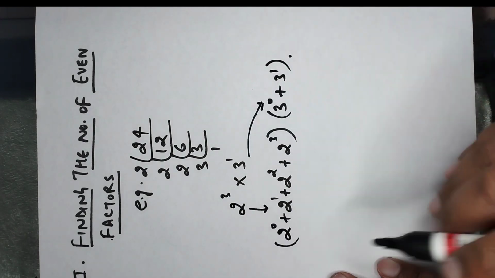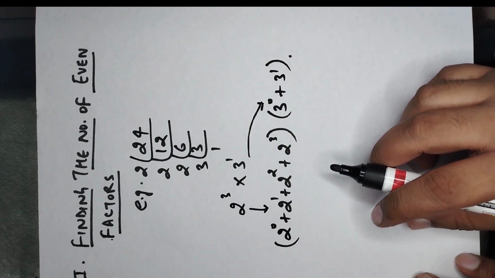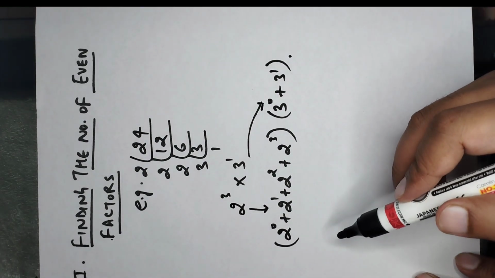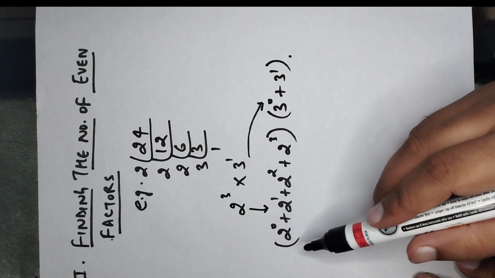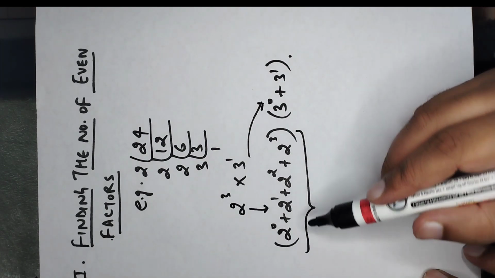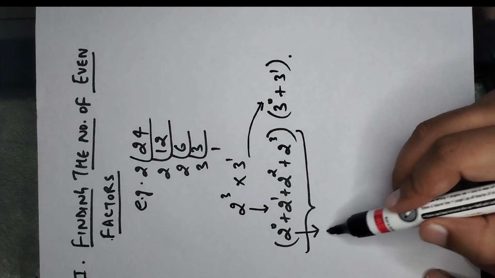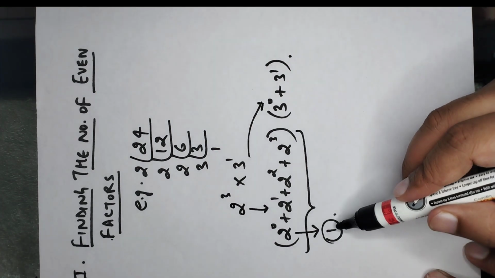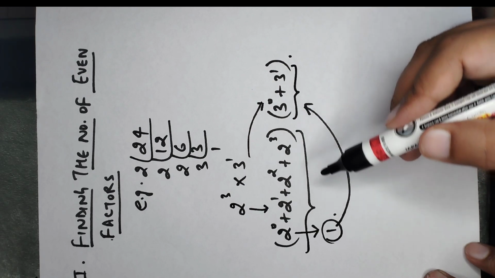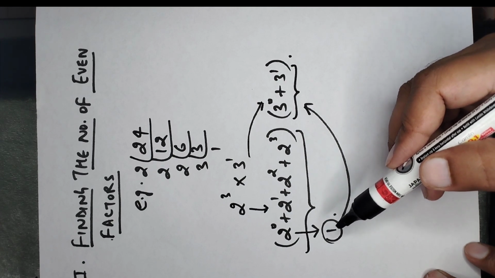Now, how do we get the even factors? We get even factors when we eliminate 1 from the powers of 2. Wherever we get this 2, now as you can see, this 2 raised to the power 0 will give us 1, and when this 1 gets multiplied with 3 raised to the power 0 and 3 raised to the power 1, you will always get the odd factors, but we have to only find the even factors.